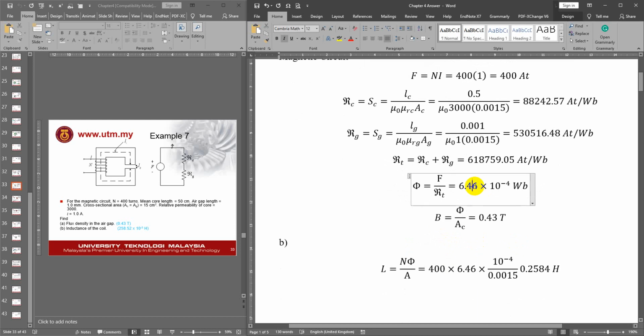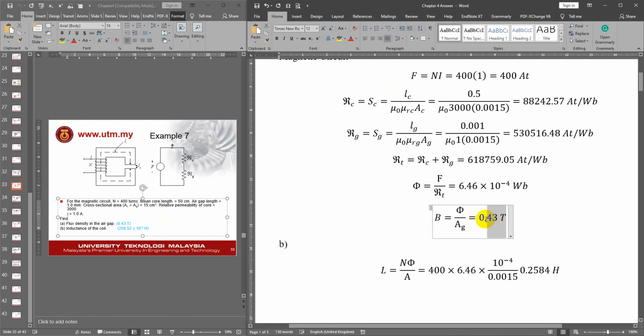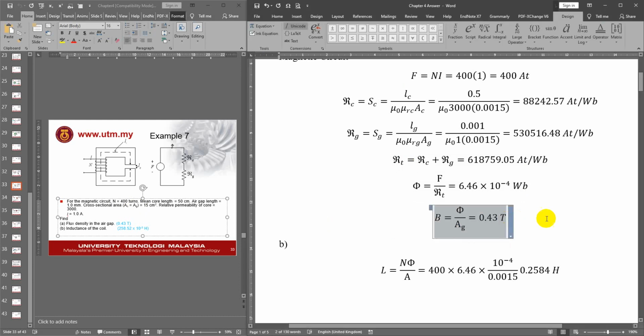After you get the flux, then you divide by the area of the core. Oh, sorry, this one is the flux density B at the air gap, which means you have to use the area of the air gap. But because there is no fringing effect, it isn't considered, so the air gap area equals AG. See here, so you get the answer, which is in Tesla.